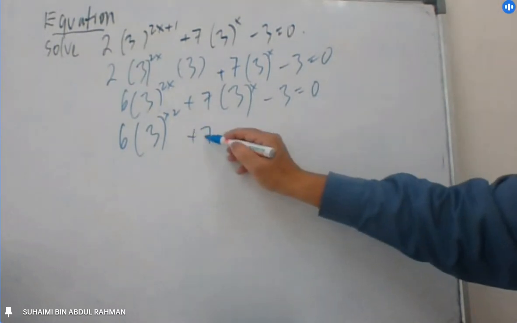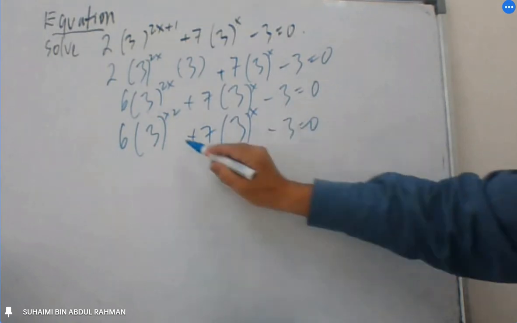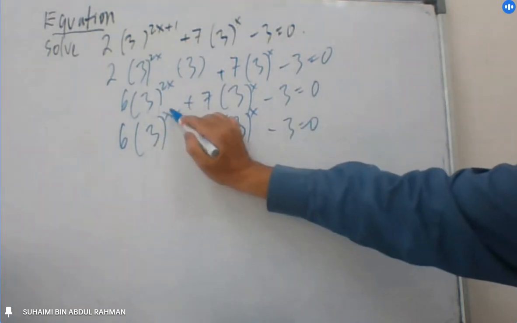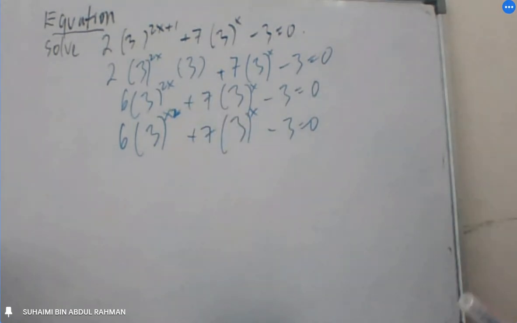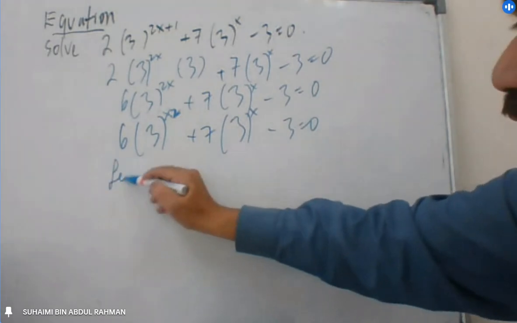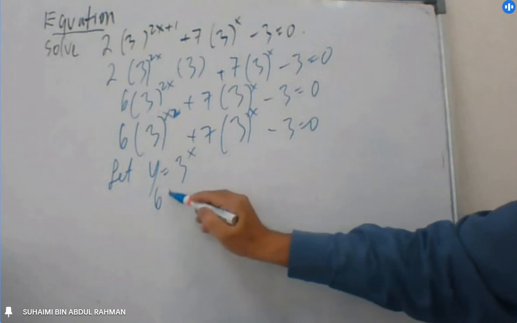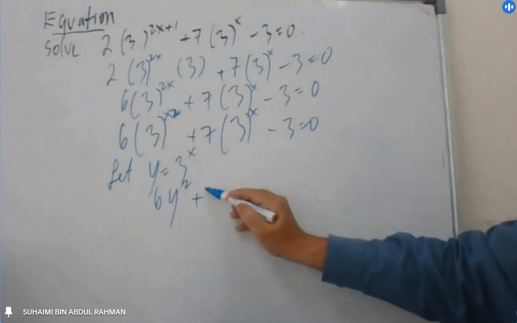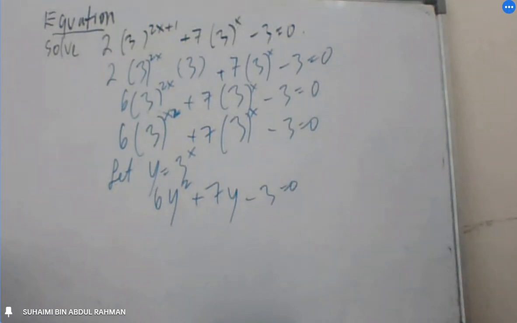Yes, you're correct, but you forgot to change one. Here you write x times 2 instead of 2 times x. Now you let y equal 3 to the power of x. So yes, 6y squared plus 7y minus 3 equal to 0.